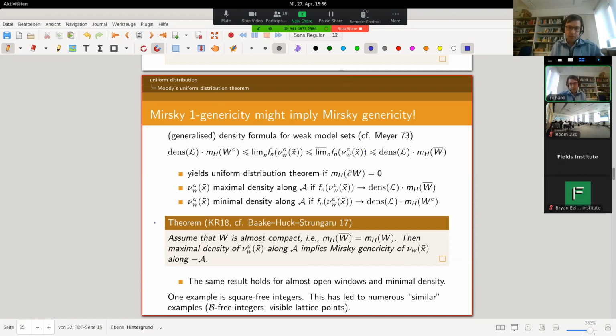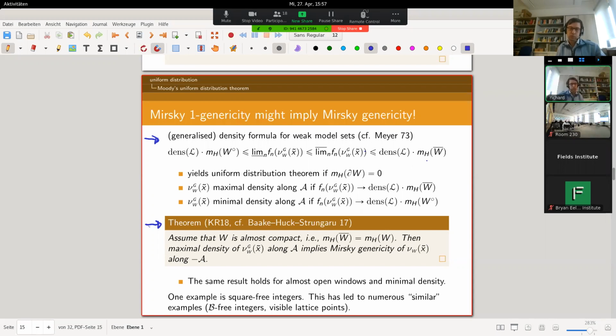This is also based on a result which is some years old, and in order to get acquainted with this, you could look first at the density formula for weak model sets, which says that limiting frequencies of a model set are always bounded below and above by the measure of the interior of the window and of the closure of the window.